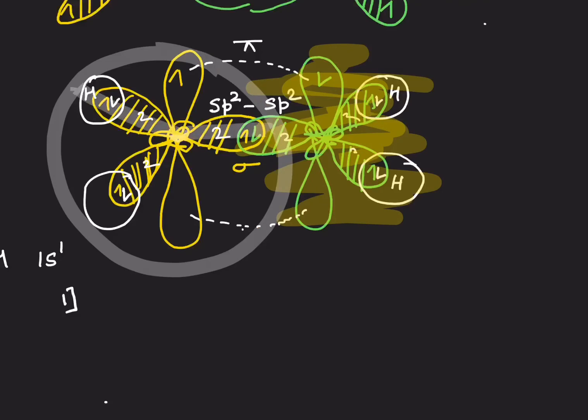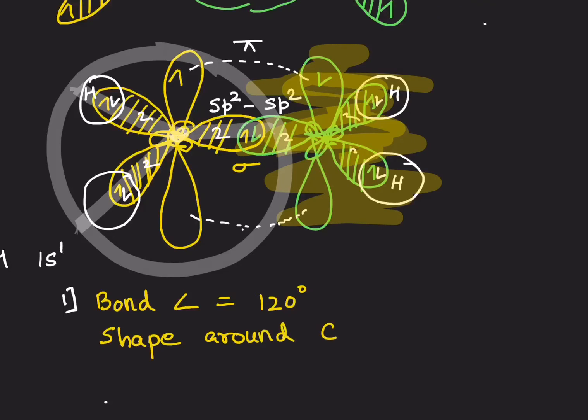This is your bond, this is your bond, this is your bond, right? 3 bonds oriented at 120 degrees, right? So, the bond angle is again 120 degrees. The shape around each of the carbon is also trigonal planar, right? This is how we have to see.